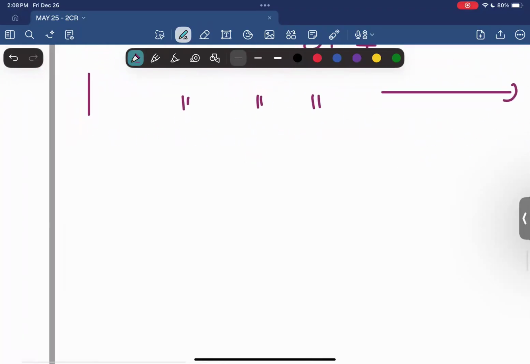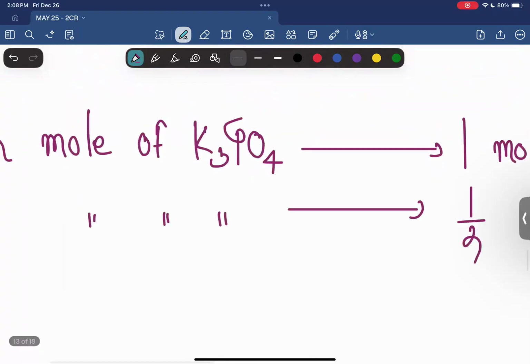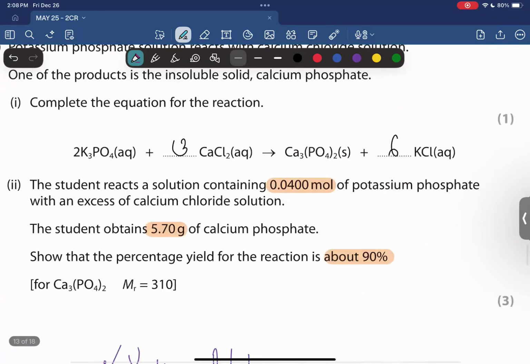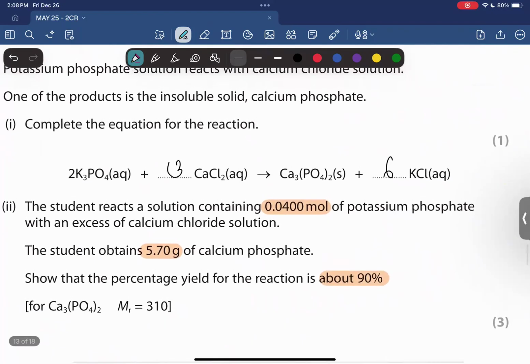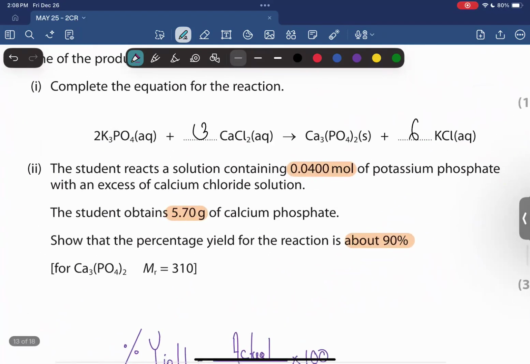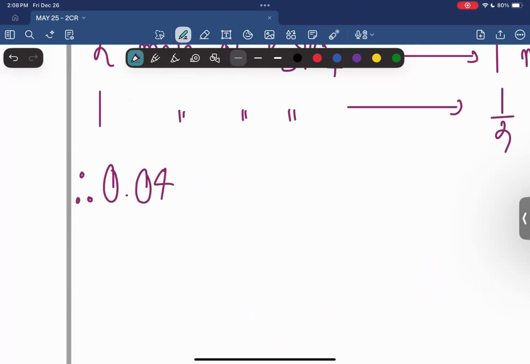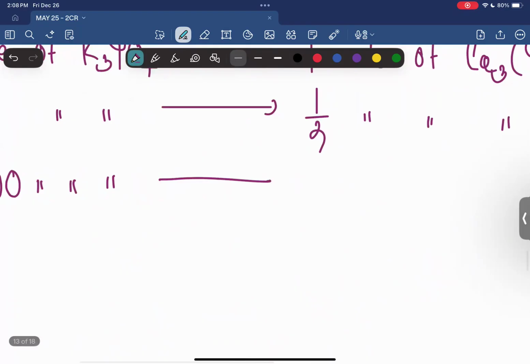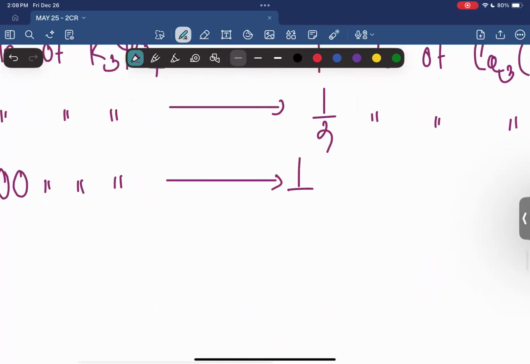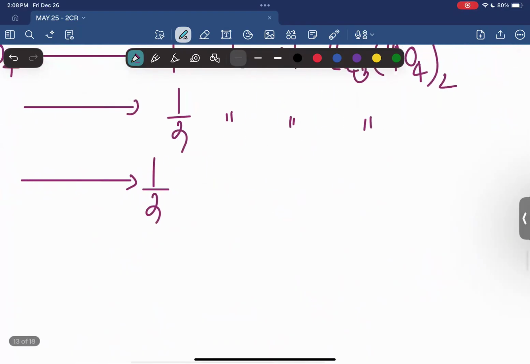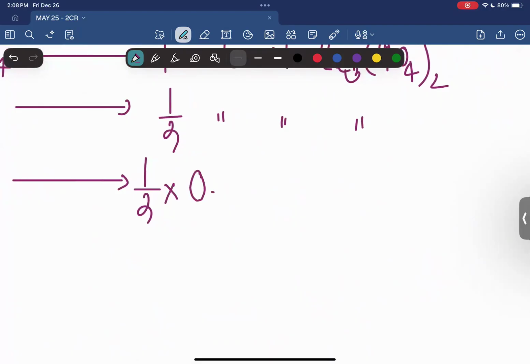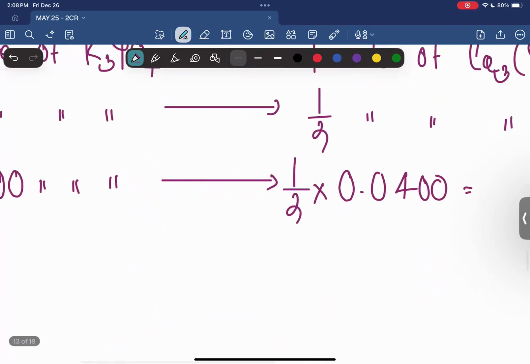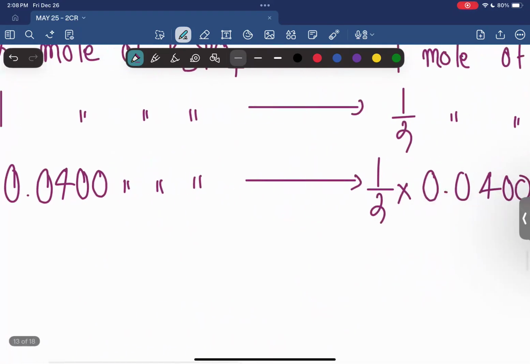So therefore 0.0400 would react with 1 by 2 times 0.0400.